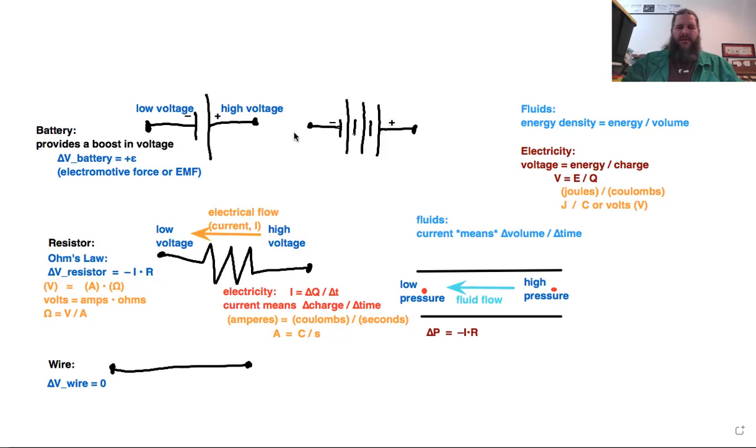A little later, we're also going to look at an idea called a capacitor, which is basically two metal plates, not connected to each other, but close together and connected to wires leading elsewhere.